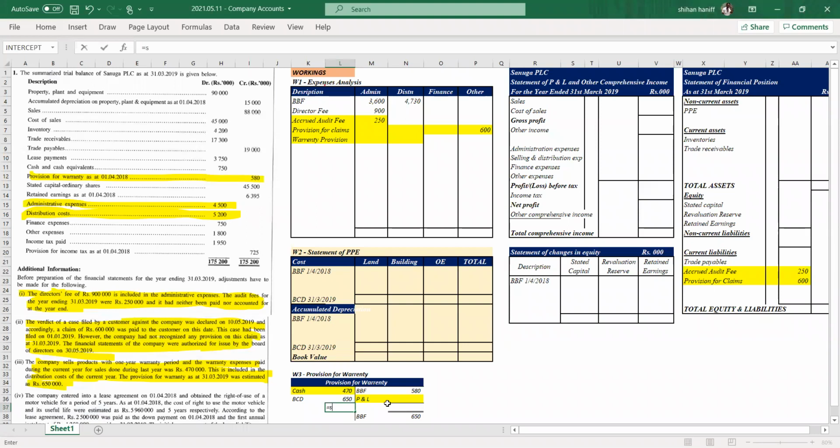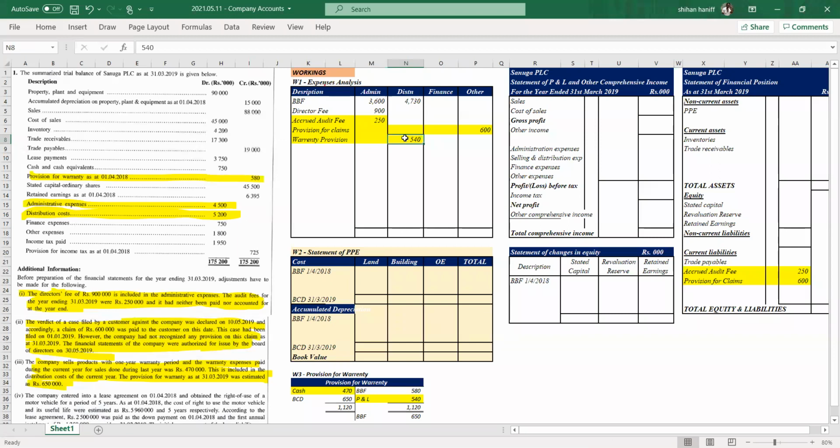Take the total debit side, 1,120, and 1,120 minus 580 is 540. So 540 is the warranty provision.